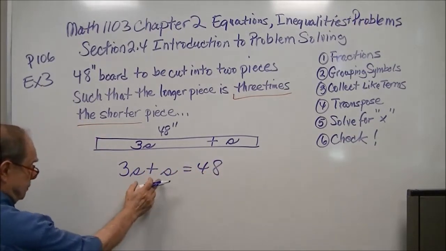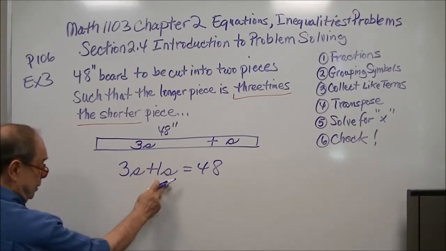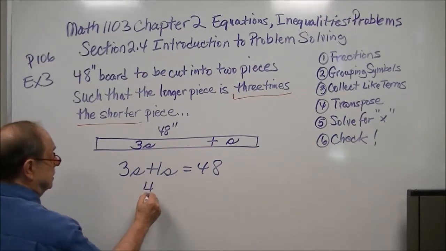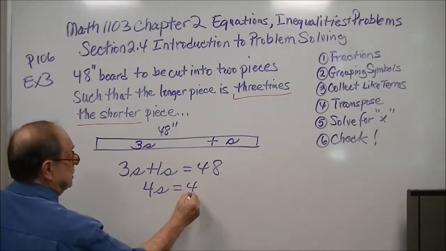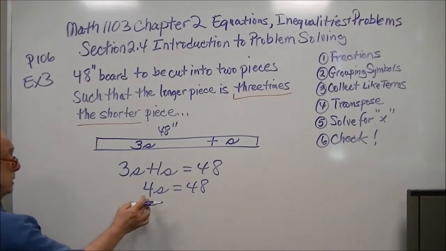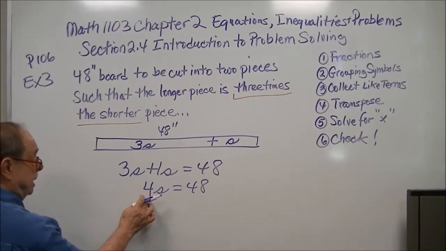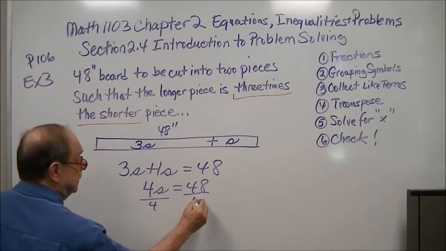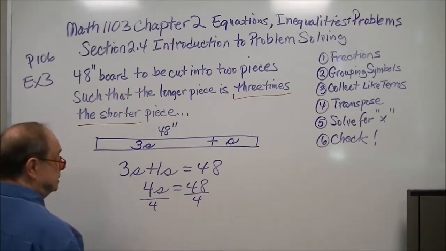Now here's where you have to remember there's a 1 in front that we don't write. We're going to group like terms. We're now going to isolate the s by dividing by the numerical coefficient. Remember, what we do to one side, we must do to the other.